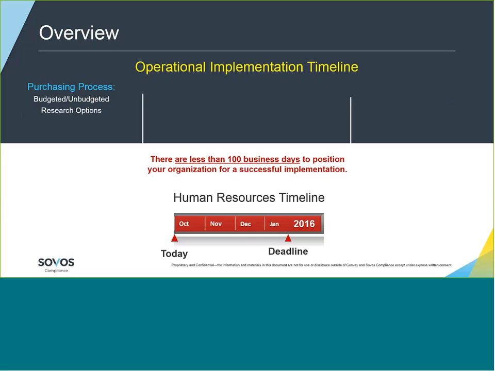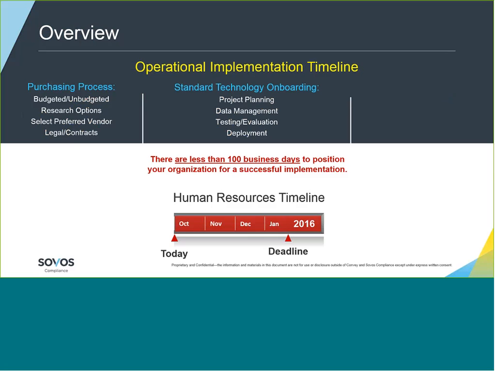From an implementation timeline, if we break that into a couple of bite-sized chunks, we have the purchasing process up front, trying to research various options, perhaps selecting a preferred vendor, and then going through the contracting process. Next, we would need to go through some level of technical onboarding.